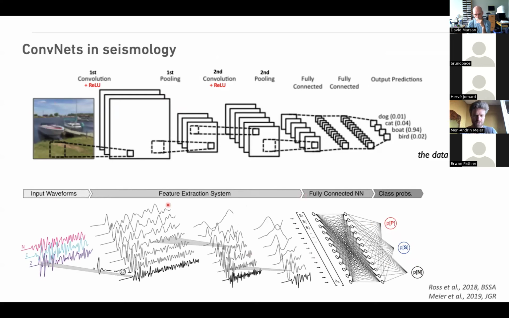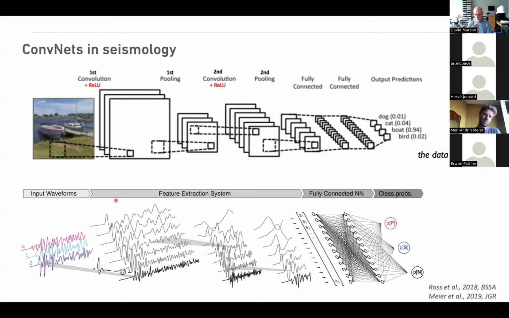And this is actually one of the first things that we had done. But instead of the image input, we now have a seismogram as an input. I said earlier, the RGB image has 3 color channels. We have 3 spatial channels, but we can do almost exactly the same thing. You can basically take a visual recognition algorithm and change it very slightly, and then you get a seismogram classification algorithm.